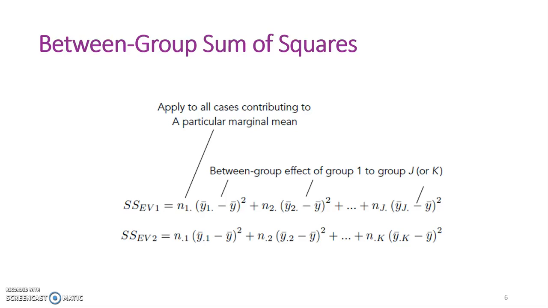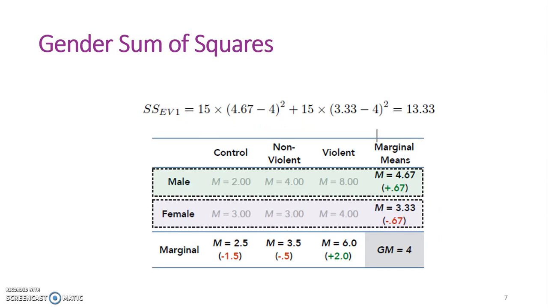There would be J groups, or levels, for the first predictor. Let's say that first predictor is gender, so J is equal to 2. And K refers to the number of groups for the second factor. If the second factor were video games, then K would be equal to 3.